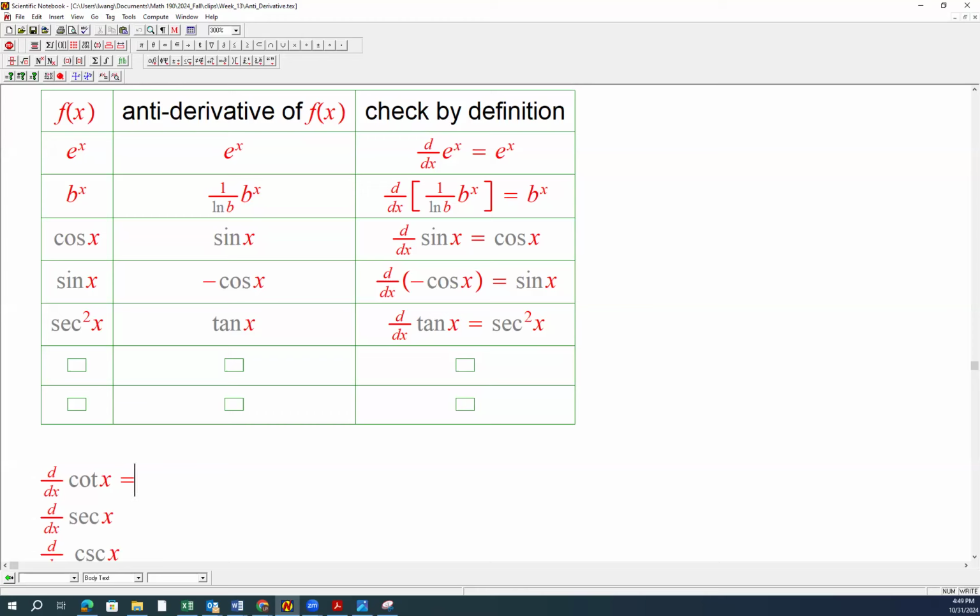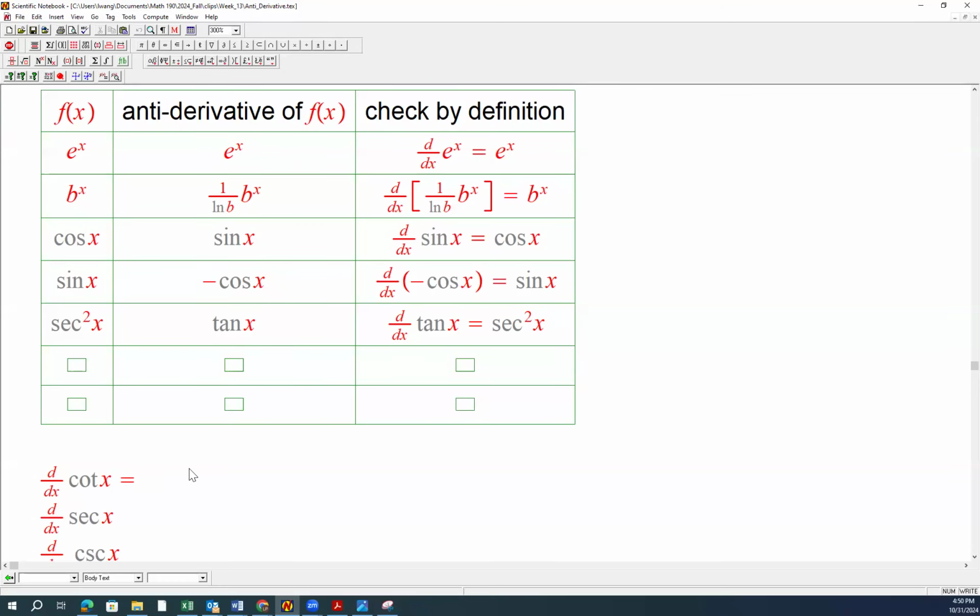It is negative cosecant squared. So the antiderivative of cosecant squared, if we bring the negative sign over by multiplying both sides by negative 1, we get that the antiderivative of cosecant squared is negative cotangent. And this is by definition.